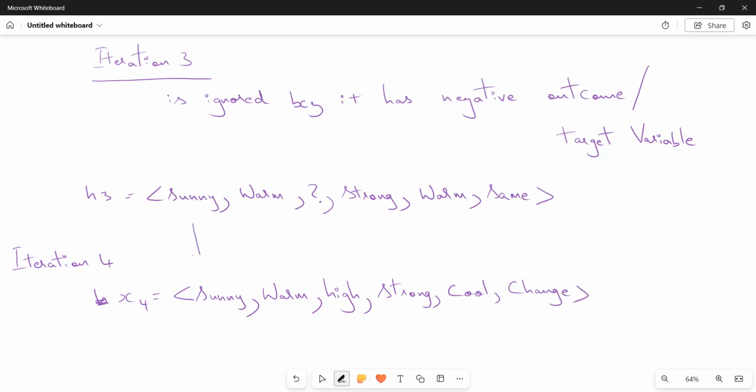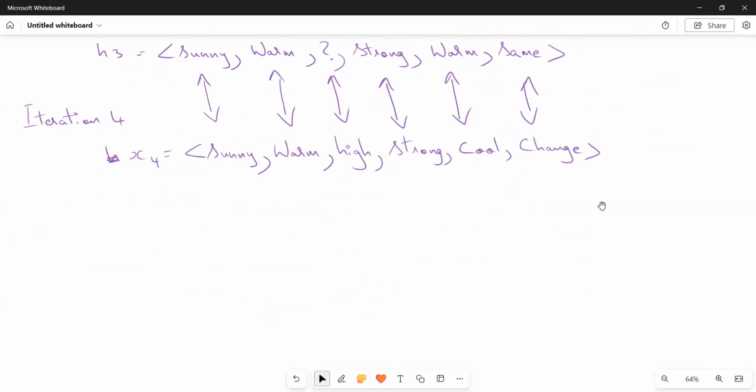Now you can do your comparison with each attribute: the first with the first, the second with the second, and so on till your sixth attribute. This is going to give you hypothesis 4.